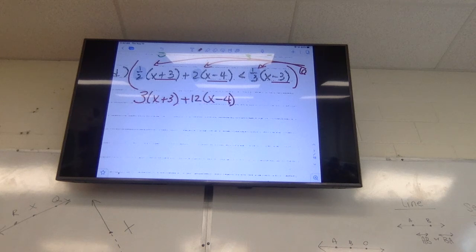Again, didn't touch the parentheses. And then 6 times 1/3 is 2x minus 3. And then carry on like you know how to solve.